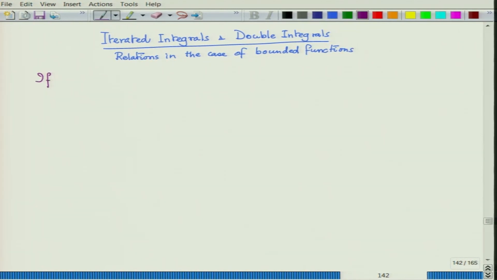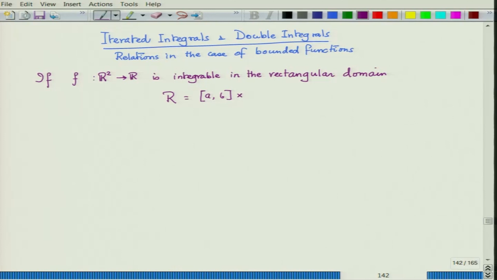If f from R2 to R is integrable in the rectangular domain. Integrable means that the limit of the Riemann sum exists in the rectangular domain R equal to [A,B] cross [C,D].